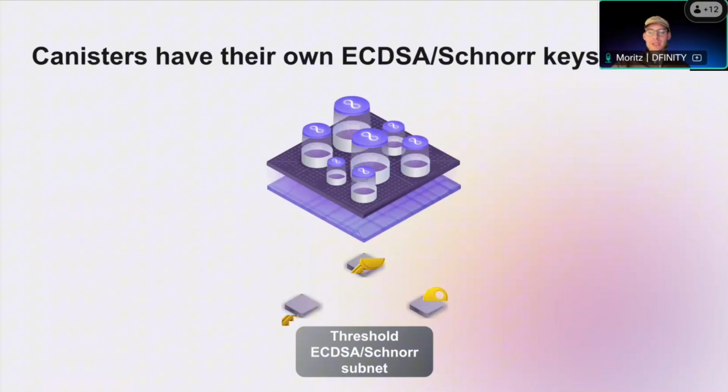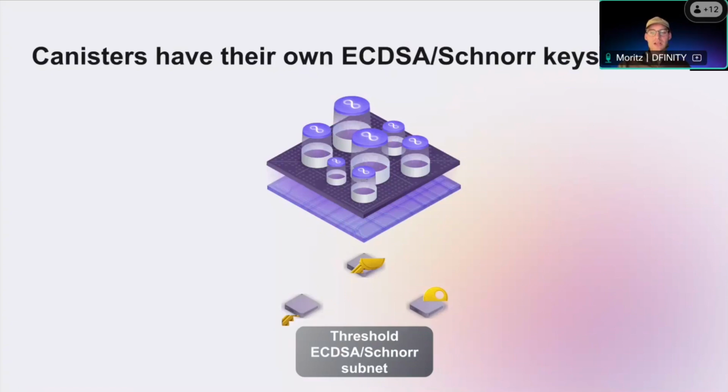And what I mean by shared across the replicas of a subnet is that the secret key, so the ECDSA secret key, for example, is basically split up into many secret shares. And each one of those secret shares is stored on a different node of the threshold signing enabled subnet. And of course, the subnet is a so-called high replication factor subnet.